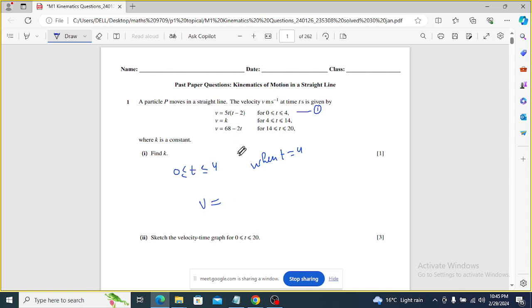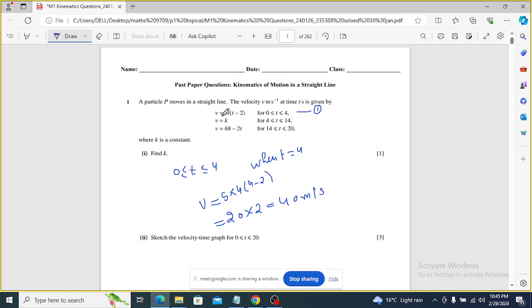I cannot put 0 in this equation, so it is 5 into 4 into 4 minus 2. 5 times 4 is 20, 4 times 2 is 8, so it means my velocity is 40 meter per second.